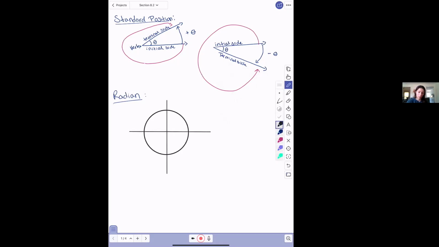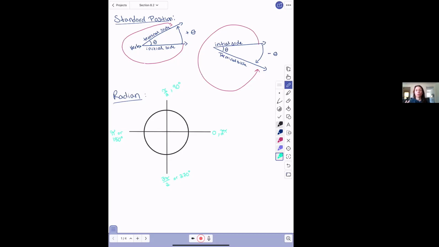Some important values to know: this here is radian 0. This is pi over 2 radians, or 90 degrees. This is pi radians, or 180 degrees. This is 3 pi over 2 radians, or 270 degrees. And then this is also called 2 pi.